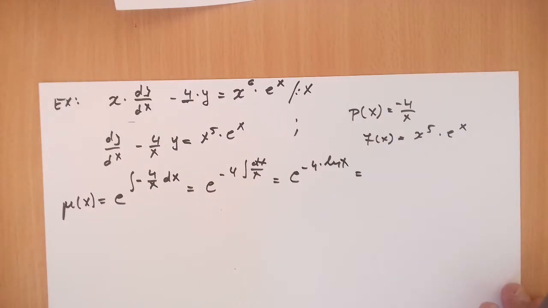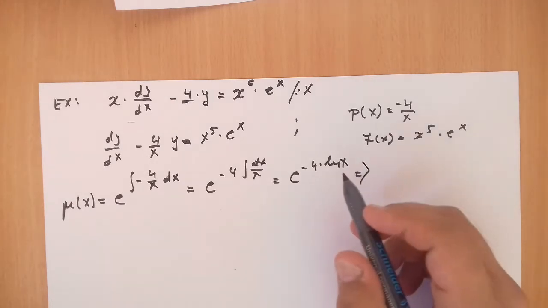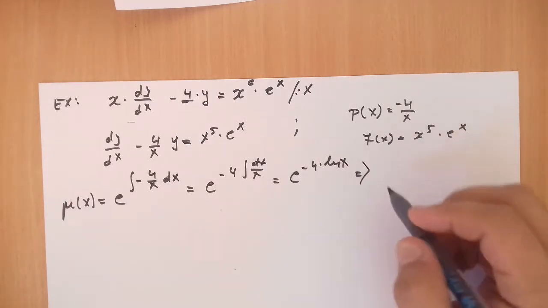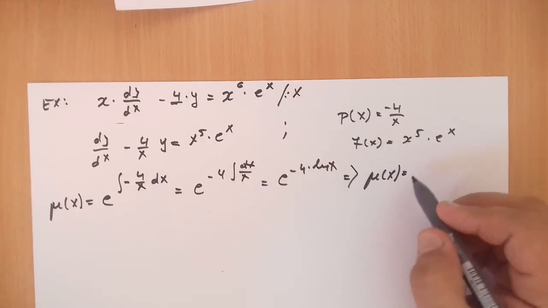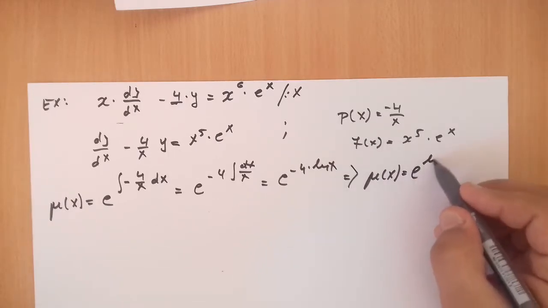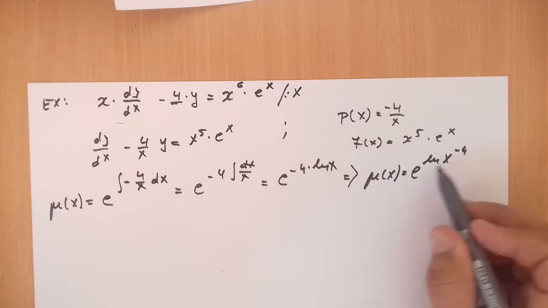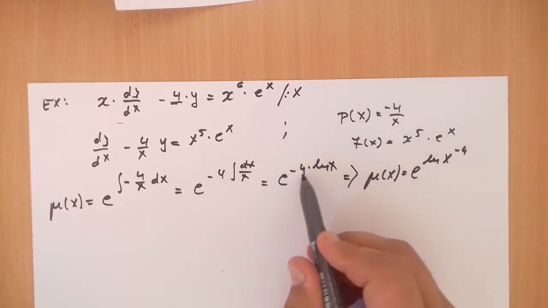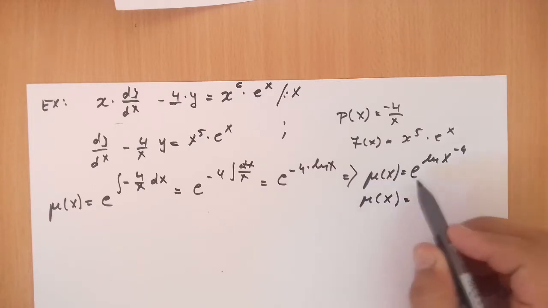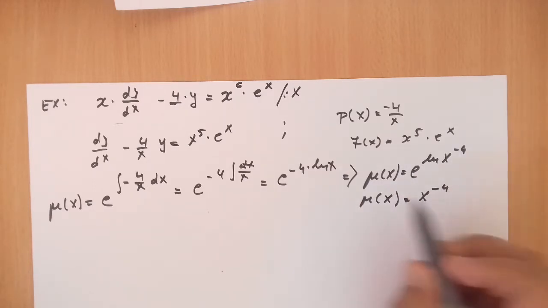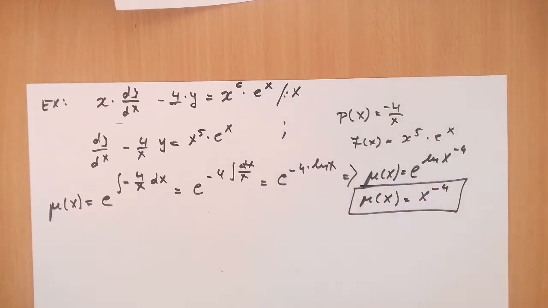This is e to the ln of x to the power minus 4, because this number goes up here, and mu of x is equal to x to the power minus 4.